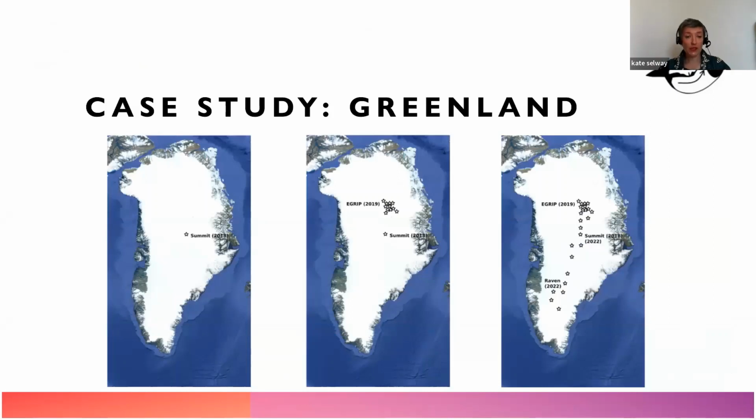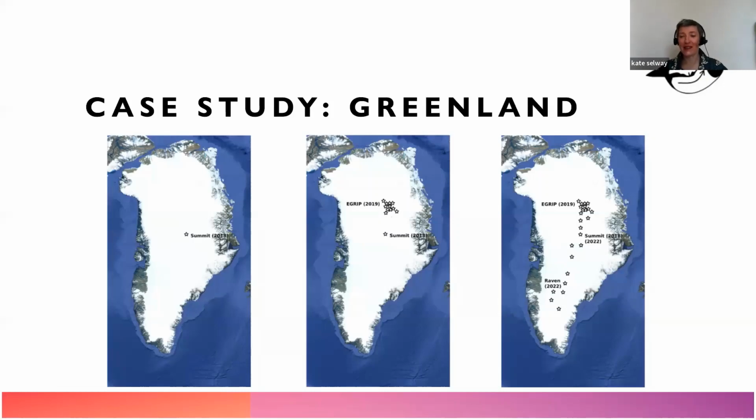This is the work that we did. We started with a pilot study in 2018, just at Summit Camp, an NSF camp in central Greenland. In 2019, we went to EastGRIP, an ice drilling camp in the northeast, and did an array around there, with great hope that we would go back in 2020 and finish all the work.